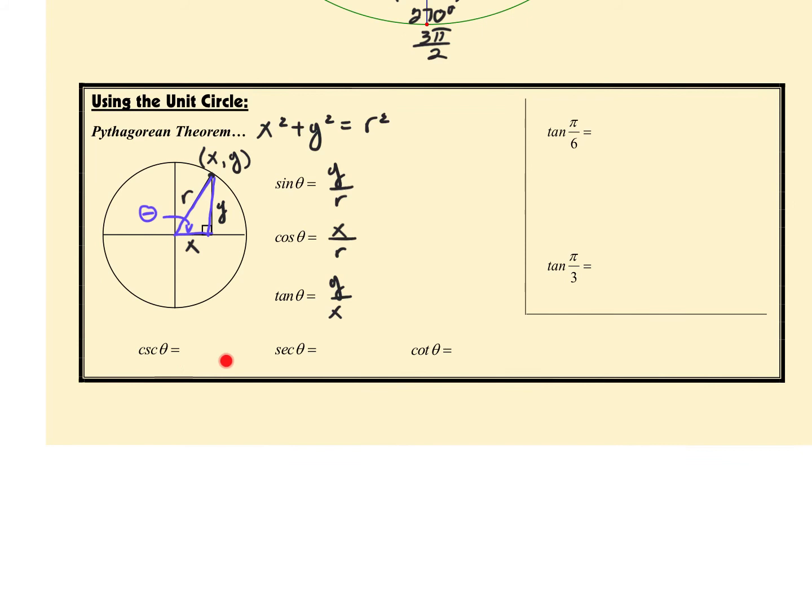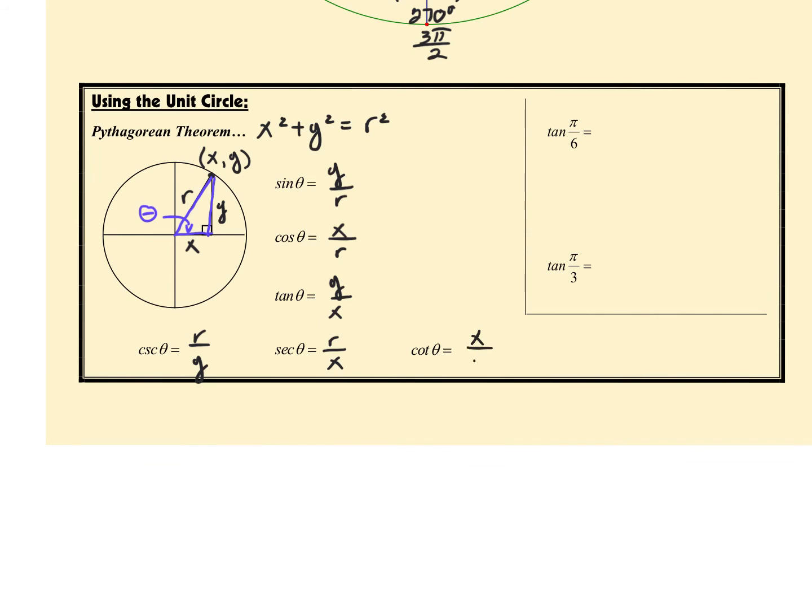Of course, we can fill in all these reciprocals down here. Cosecant will be the reciprocal of sine, so it's just going to be r over y. Secant is going to be the reciprocal of cosine, so that's going to be r over x.